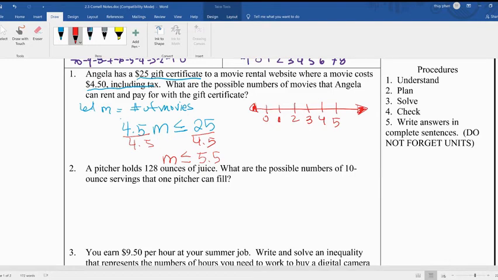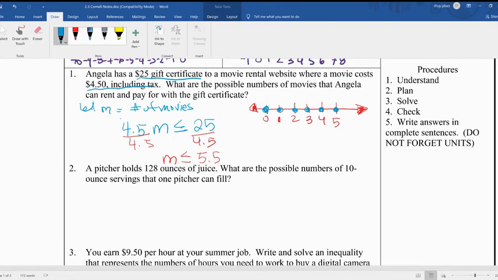Yes, it has to be less than or equal to 5.5. However, because we're talking about a real life problem, we know it can't be 6 and it can't be 5.5. We know that Angela can rent 5 movies. She can also rent 4, 3, 2, 1, and she doesn't have to rent anything.